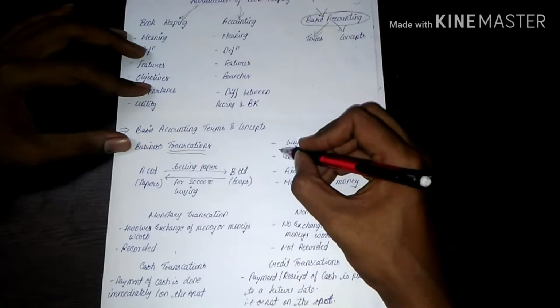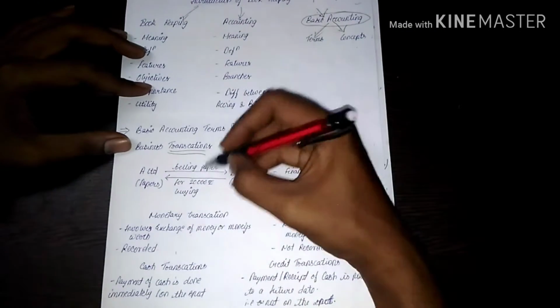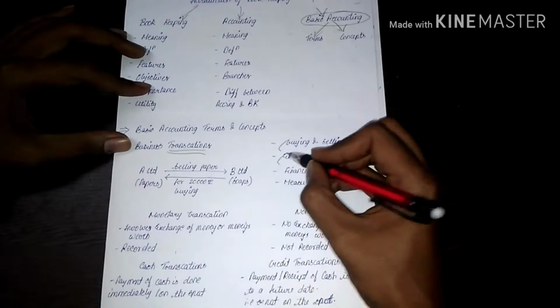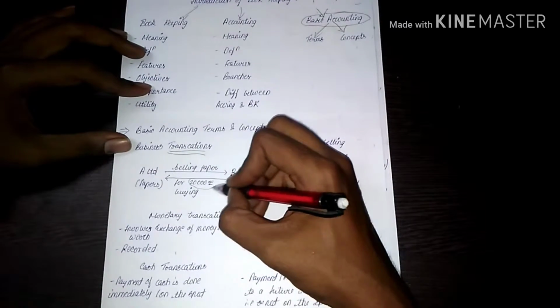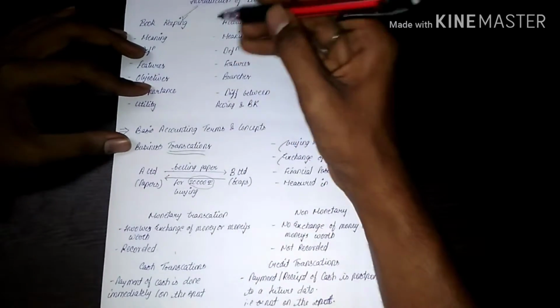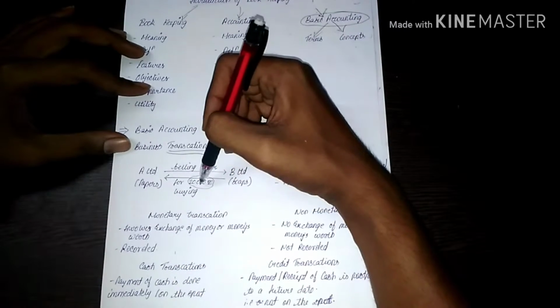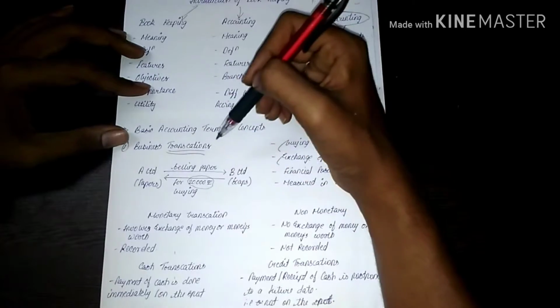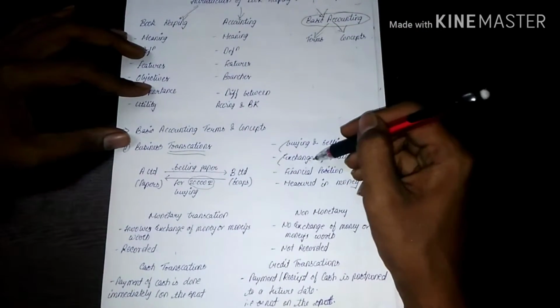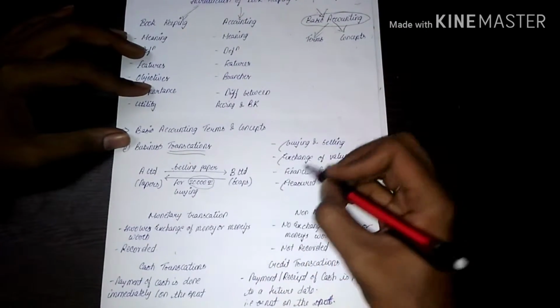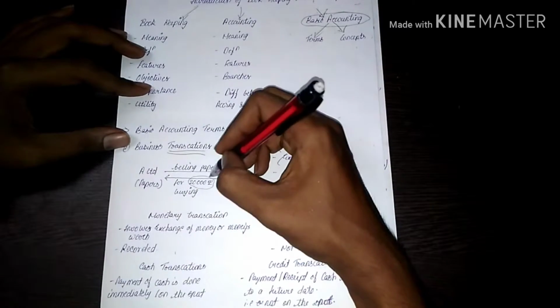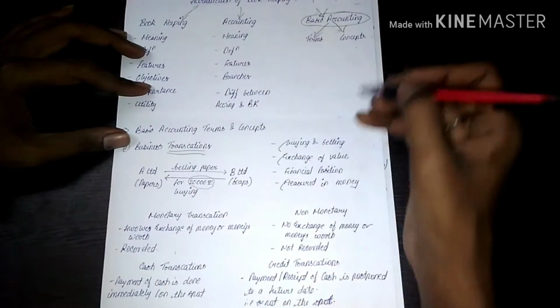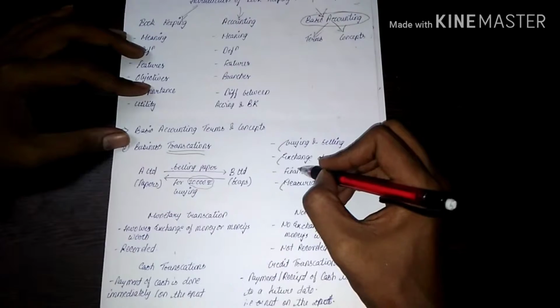So, a business transaction is buying and selling of goods for exchange of value. Here the value is 20,000 rupees. For A Limited the value is 20,000 rupees and for B Limited the value is papers. So there is an exchange of value which can be measured in money, and which affects the financial position.